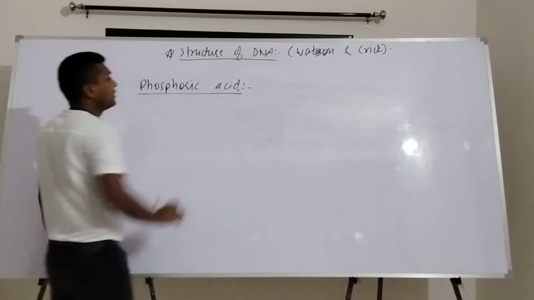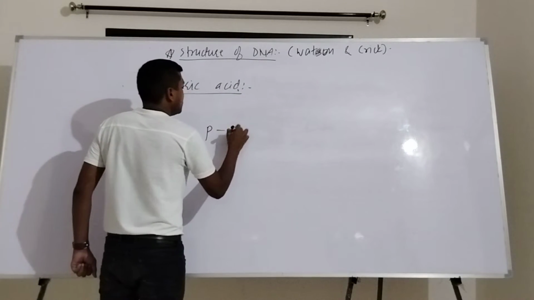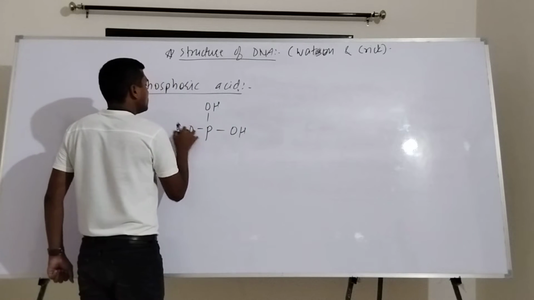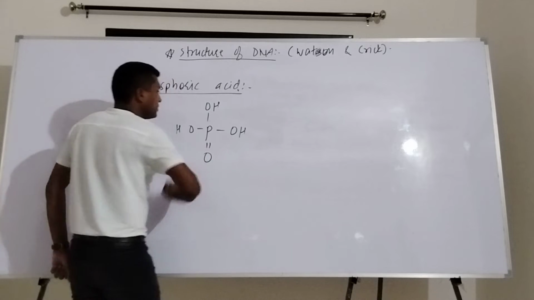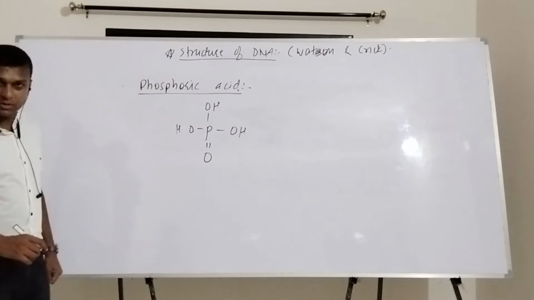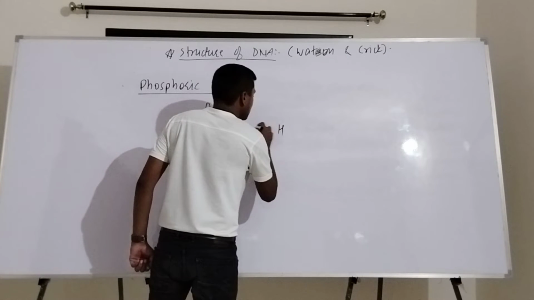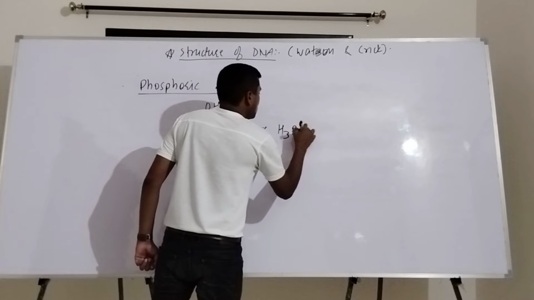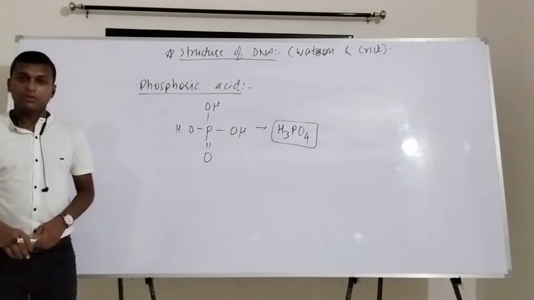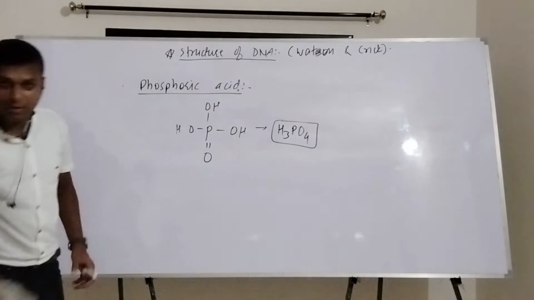If we talk about how phosphoric acid looks, phosphorus is attached on three different sides by OH, and on the other side it has two bonds with oxygen. You can write this as H3PO4. This is simply called phosphoric acid. This phosphoric acid is basically the third component of the DNA.